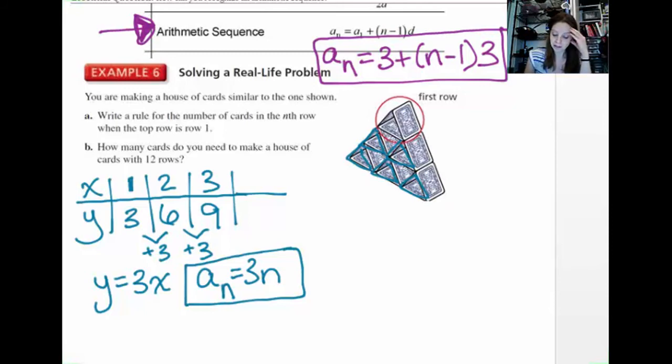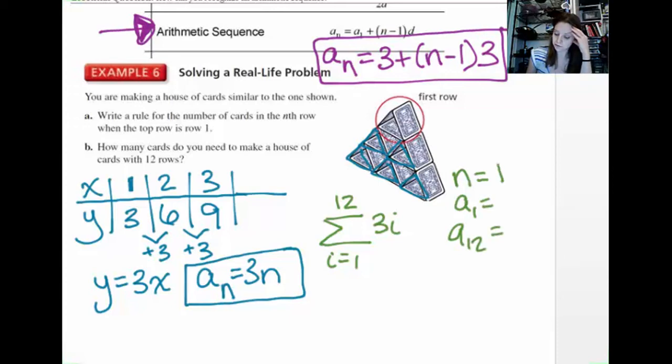Part B. How many cards do you need to make a house of cards with 12 rows? Okay, so now I'm thinking of the summation notation. We're going to be going from 1 to 12. And I'm going to use my rule, 3i. Again, you could use either rule. So I need n, the number of terms. I need the first term. I need the last term. 12 items. The first one is 3 times 1, which is 3.